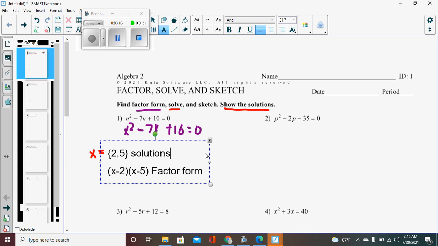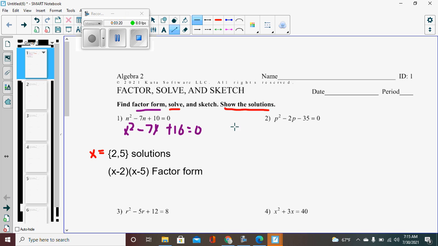Okay, now what does the sketch look like? I create little x and y axes and label them. Here's y, here's x. And here's solution number 1, at 2.